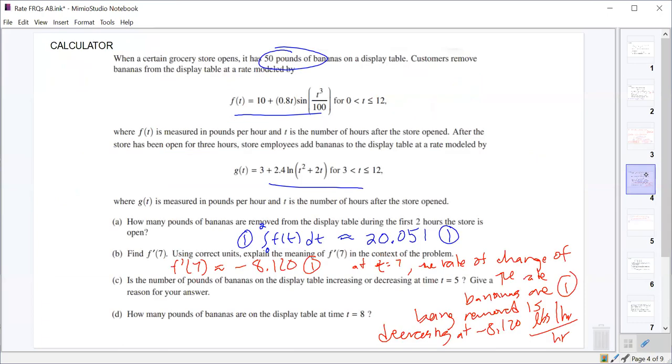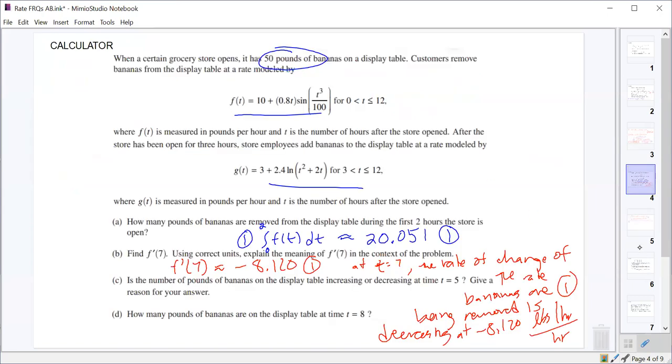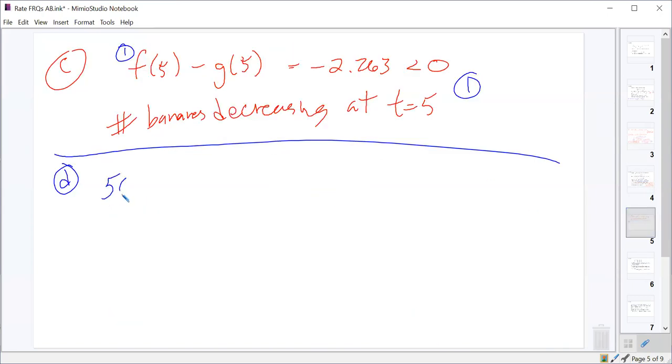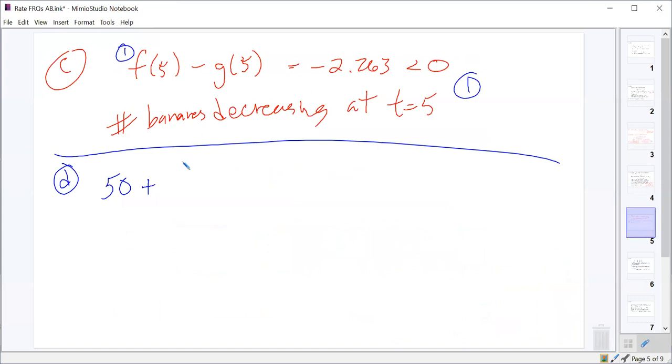All right, part D says how many pounds of bananas are on the display table at time t equals 8. So at t equals 8, we should have however many we started with, 50, plus the integral from 3 to 8 of how many were added, so plus the integral of g of t from 3 to 8.